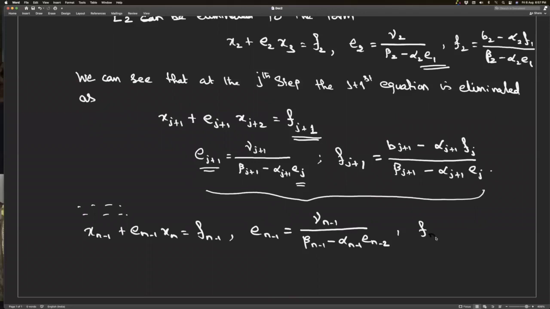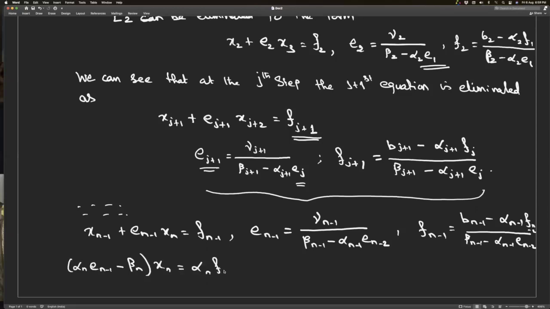And similarly, F n minus 1 is given by b n minus 1 minus alpha n minus 1 F n minus 2 divided by beta n minus 1 minus alpha n minus 1 into E n minus 2, right? And the nth equation is given by alpha n E n minus 1 minus beta n into xn is equal to alpha n F n minus 1 minus bn.